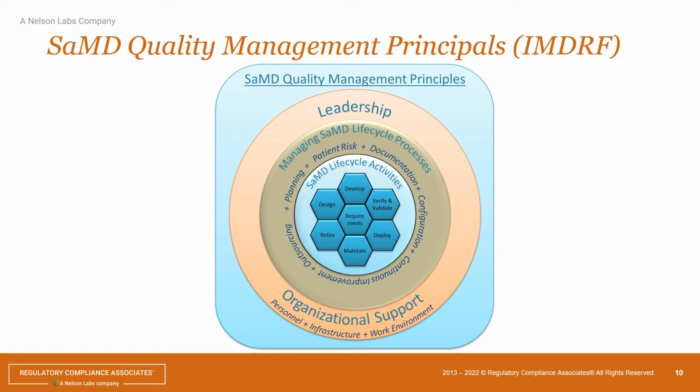The first ring is organizational support, and we'll talk a little bit about it, but the bottom line is that that's no different than what we have. The middle ring is about managing your software as a medical device lifecycle processes that are also similar, but where the differences come in, it's just that in the core, which are the activities that you have to do for your lifecycle management, which we'll discuss a little bit more.